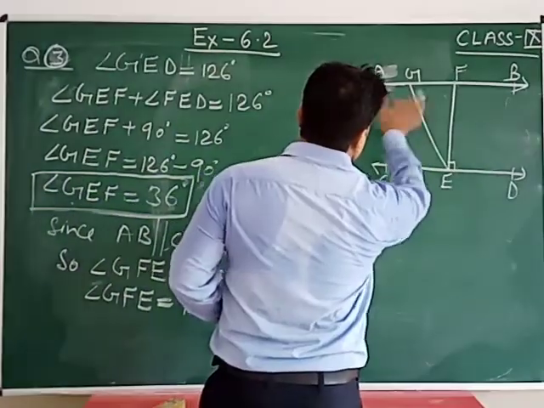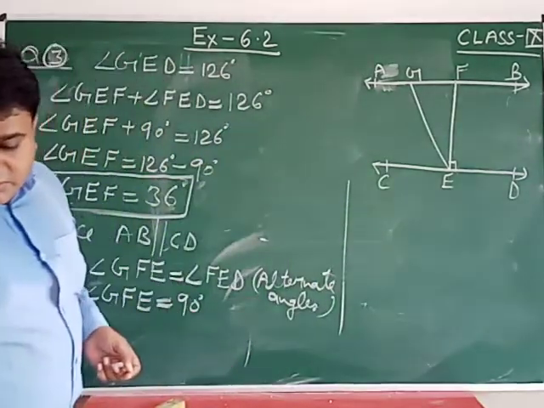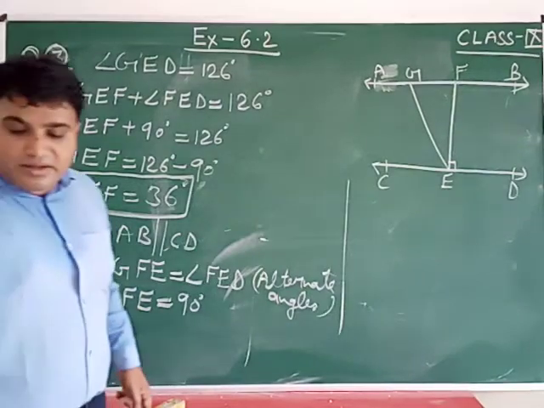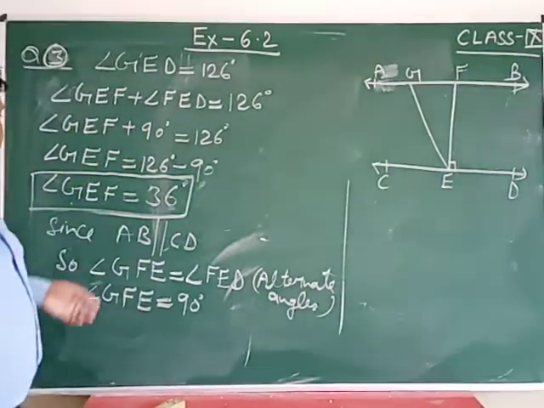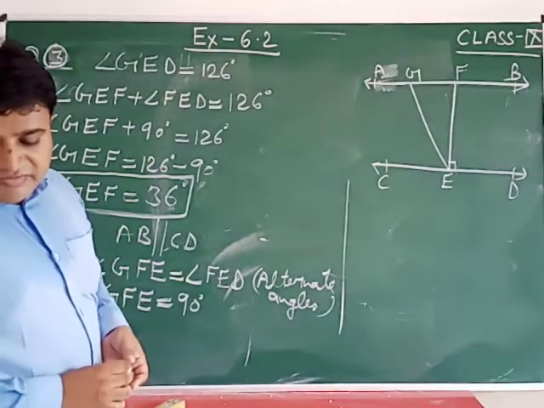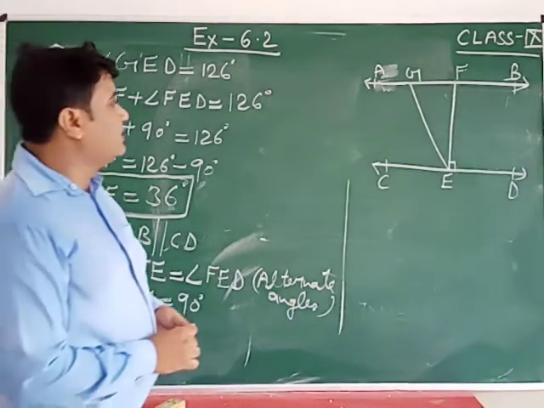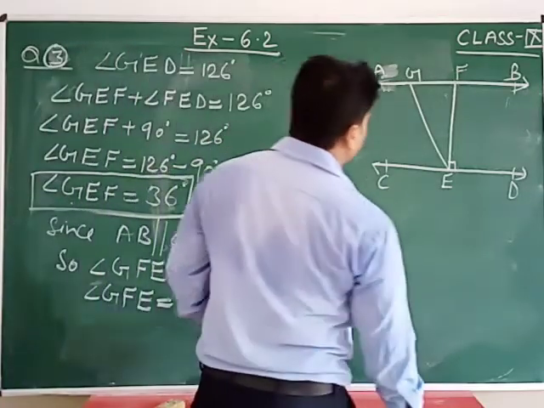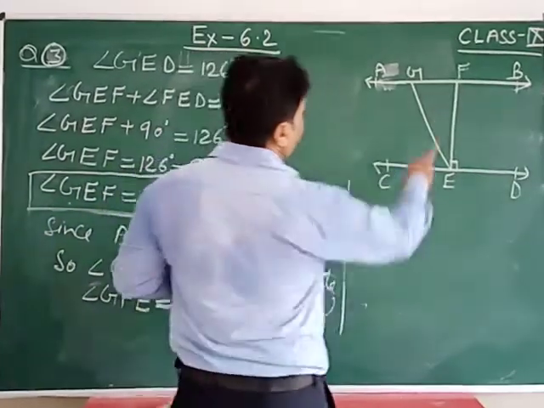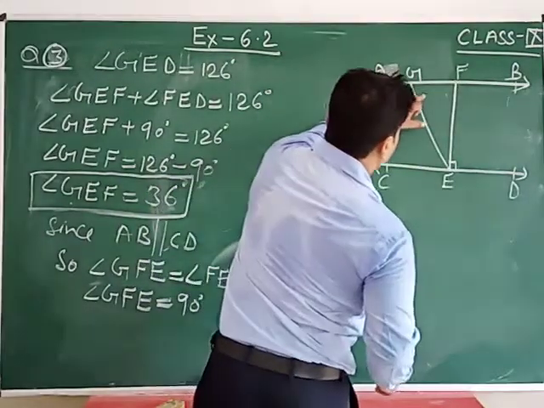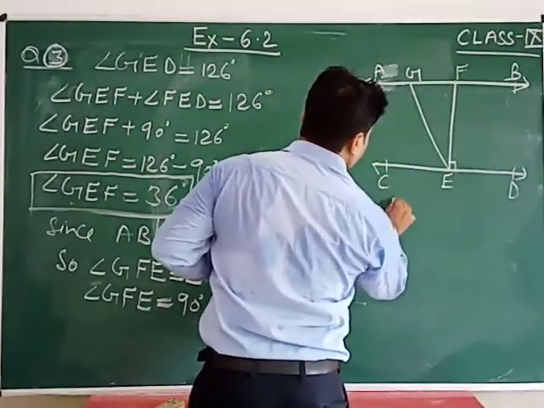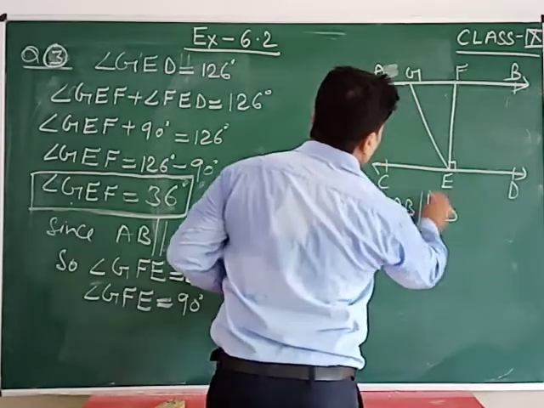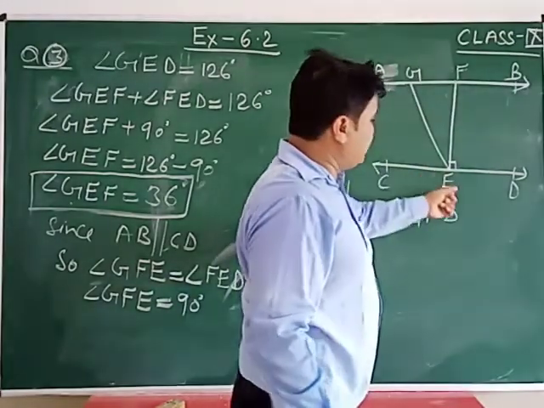We have to find AGE, and GEF we have found, and FGE. How will we find FGE? Very easy. See, these are parallel lines, AB parallel to CD, and this line is intersecting.